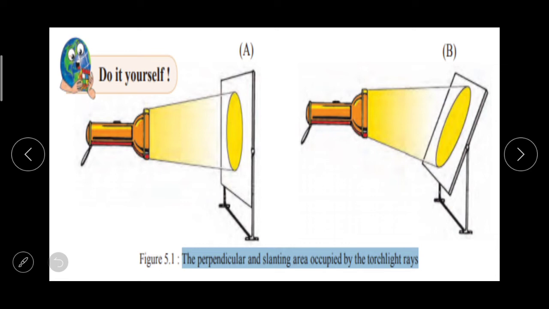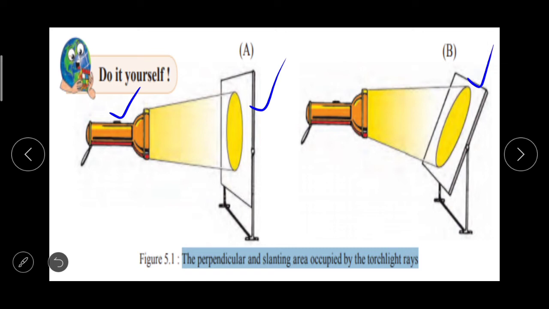given for you people, figure 5.1 in our textbook, which you can see on the screen. What you have to do here to understand the concept of temperature: take a torchlight and keep it stable at one place. Take two large paper sheets large enough to accommodate its entire beam and paste the papers on two flat boards.